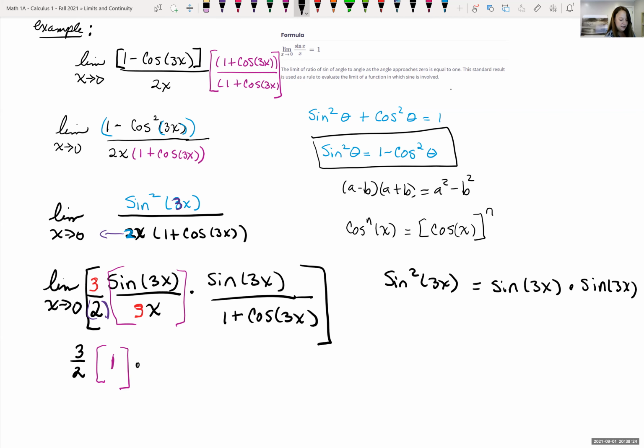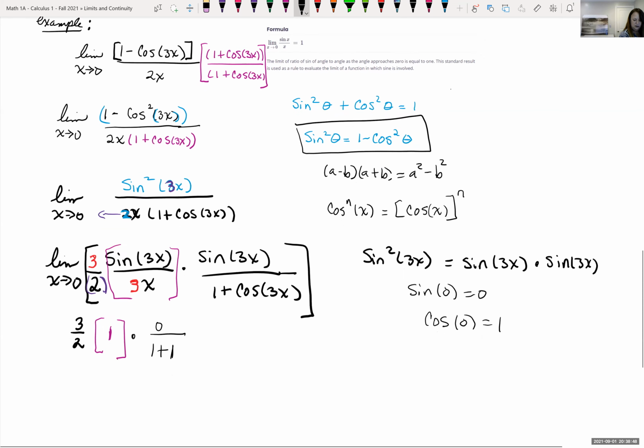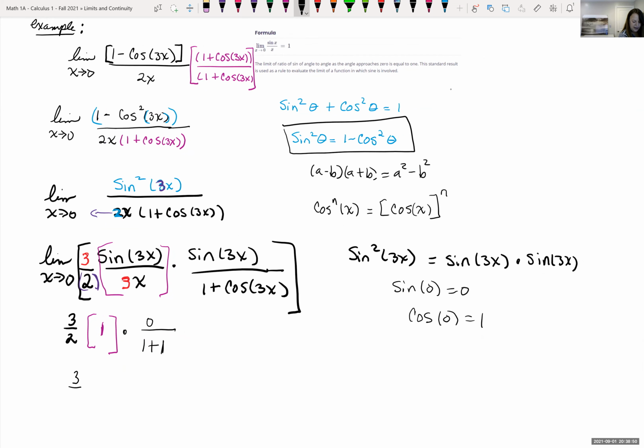Sine of 3 times 0, well, that's sine of 0, which is 0, all over 1 plus cosine of 0, which is 1. So that would be 1 plus 1 in the denominator. So we technically have 3/2 times 1, but 0 over 2 is 0. So we have a product there with 0 in it, and so we get back 0.